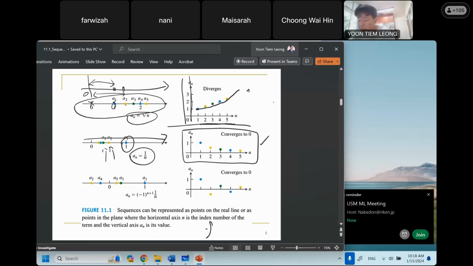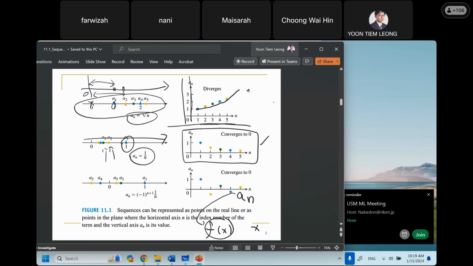For functions, the value of the function represents an, whereas x represents the index n. However, for a sequence, n can take only positive integers starting from 1, and then an represents the values of the function. For a function, x can take any continuous value, and in principle it can be defined for all real numbers, -1, 0, or +1.